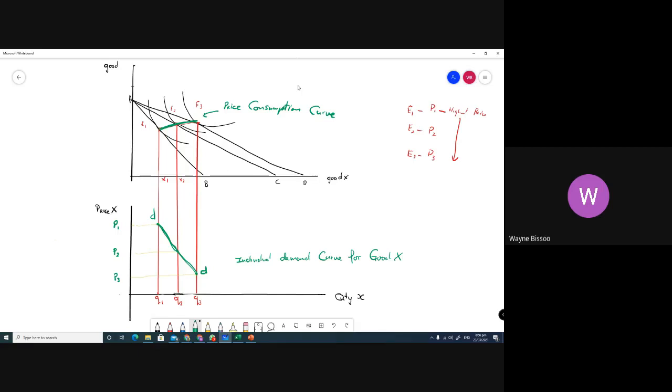Remember we were talking about this guy Ollie. So maybe this is Ollie's individual demand curve, but it's derived using the price consumption curve from one to the other.